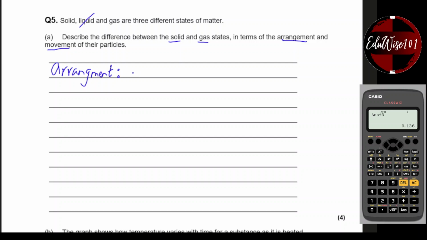in solids, particles are arranged tightly in a regular pattern.